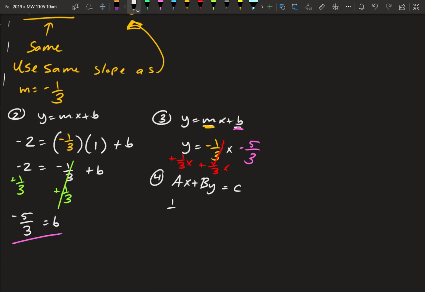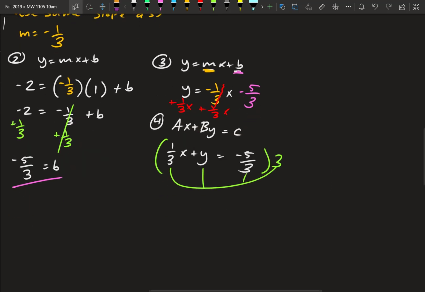So we have 1/3 x plus y equals negative 5/3. And let's get rid of these nasty fractions by multiplying by 3. All it does is just gets rid of our denominator. So we have x plus 3y equals negative 5. And x is positive, so we're good to go.